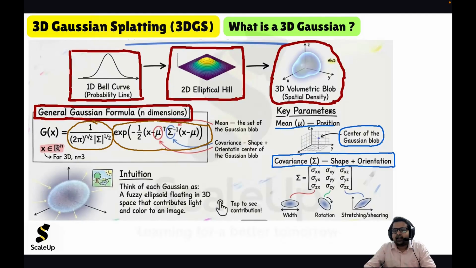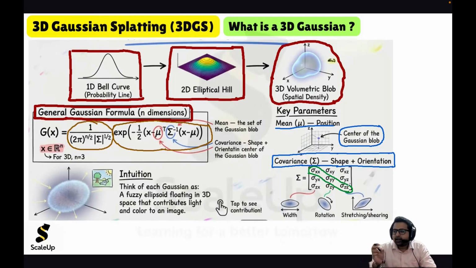So the idea is that the diagonal of this covariance matrix represents the variance. So this sigma xx is the variance along the x-axis, sigma yy is the variance along the y-axis, and sigma zz is the variance along the z-axis.